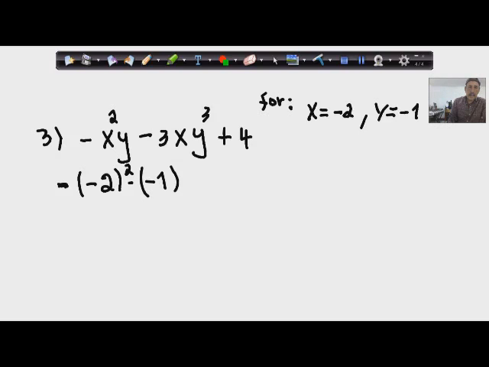We don't even need this dot here because we have parentheses. Minus 3 times minus 2, and we have minus 1 cubed plus 4.